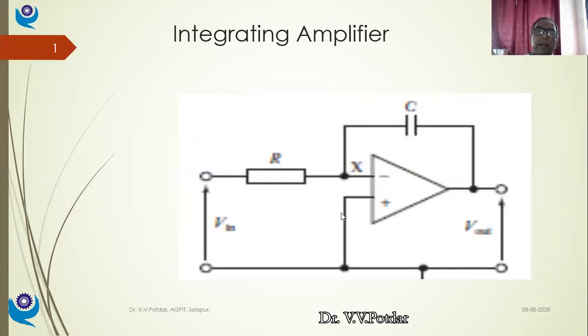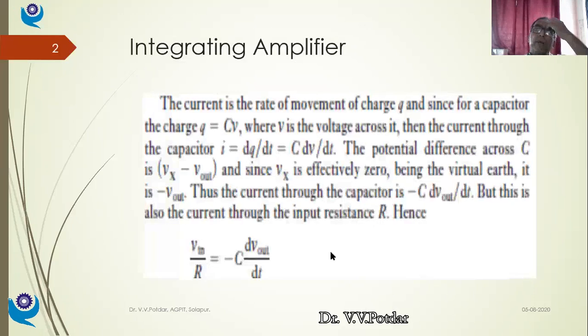What is D? D is the operator d by dt. So CD V out. If I equate both the equations for current I, because the same current I is flowing across input as well as output, V in by R is equal to minus C into dV out by dt.